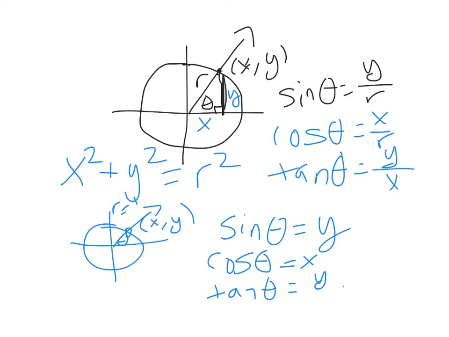So in terms of the unit circle, every point on that unit circle can be thought of as cosine of the angle formed, comma sine of the angle formed, which is a little bit of a hard concept to think about. And again, that's in the unit circle.